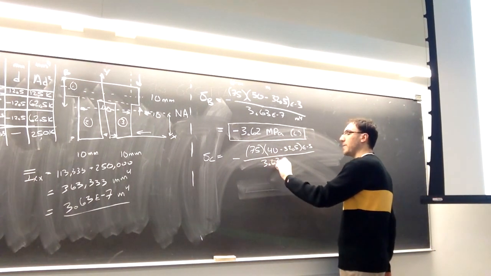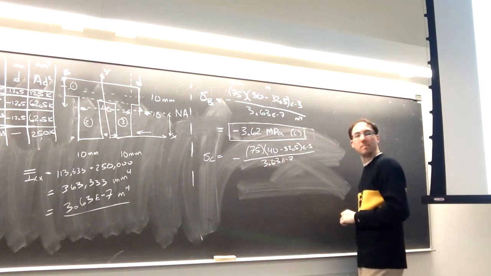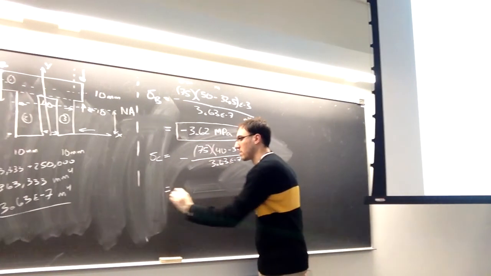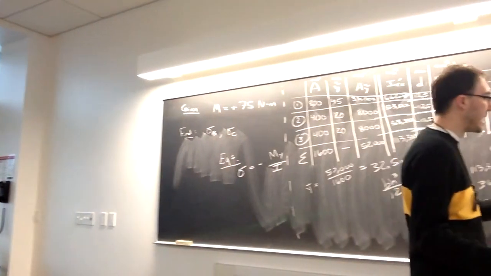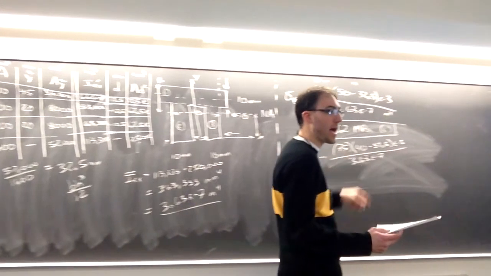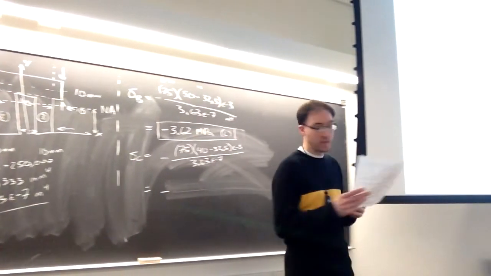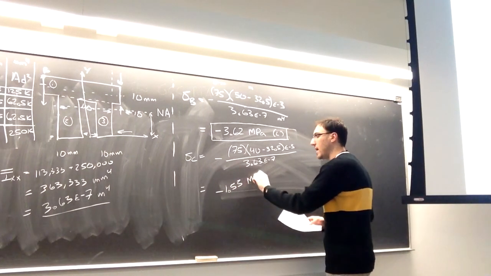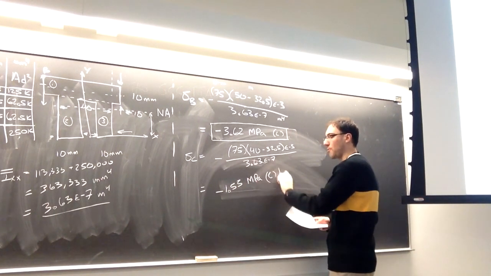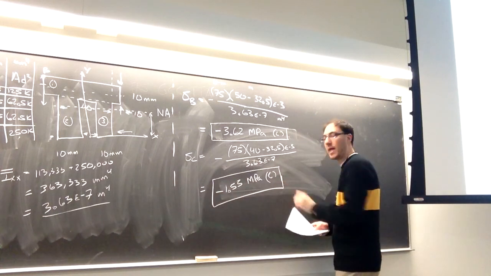The I value is identical. So calculating our stress at point C, we should expect it to be lower, and it is. The M is the same, I is the same, it's just the y that's different. It's only negative 1.55 megapascals. Also compression, since again we're above that neutral axis.